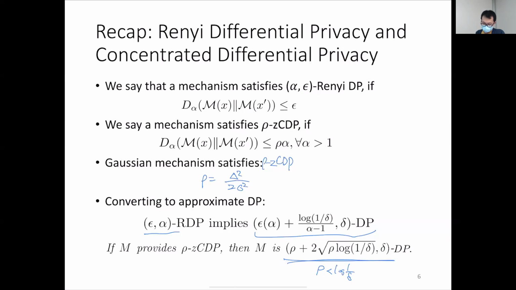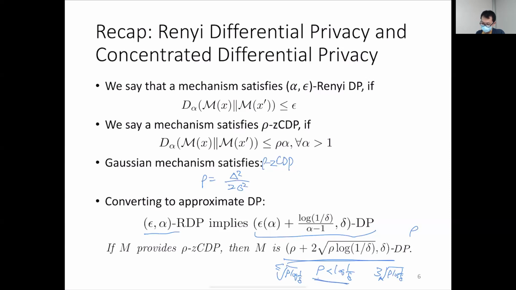Right? Then rho is smaller than square root of rho log 1 over delta. And then you can combine these two terms and end up getting just 3 times square root of rho log 1 over delta. Right, so this gives a simplification of the bound, and for any rho-CDP satisfying this, we can write its DP guarantee.